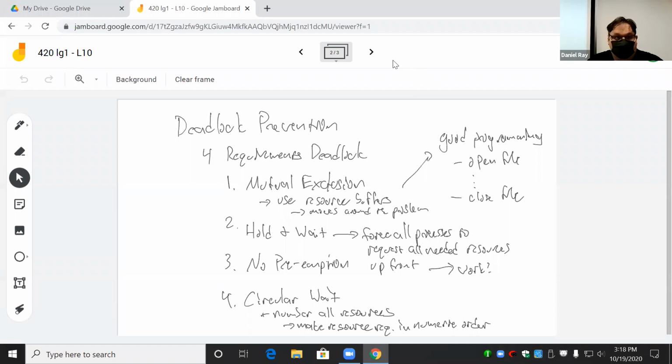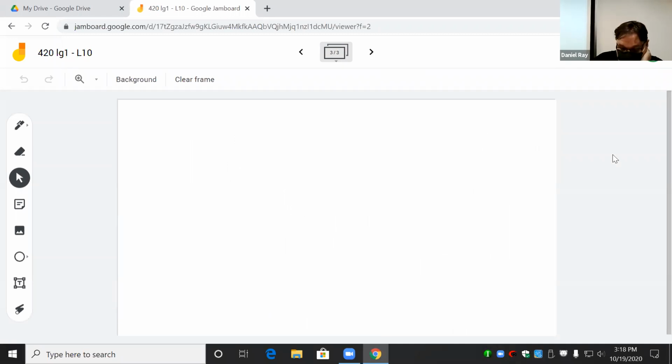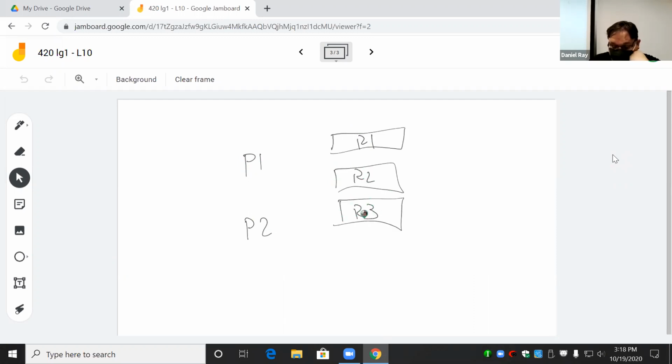Consider this is process 1, this is process 2, and here's resource 1, resource 2, and resource 3. The only way we're going to get a deadlock is if I get this one, and then you get this one, and then, well, let's just do 2 resources. We'll make it as simple as possible.